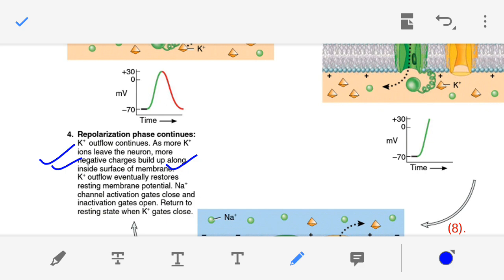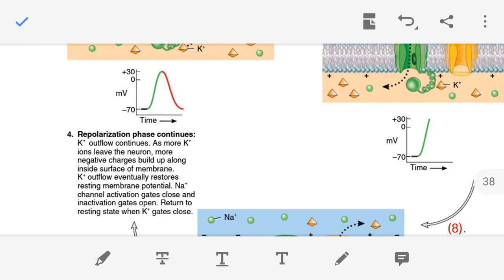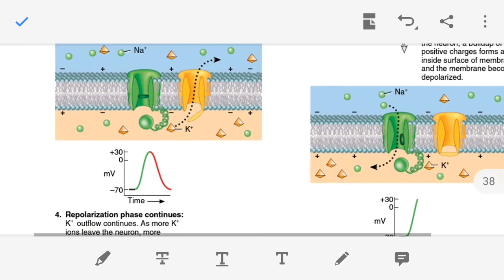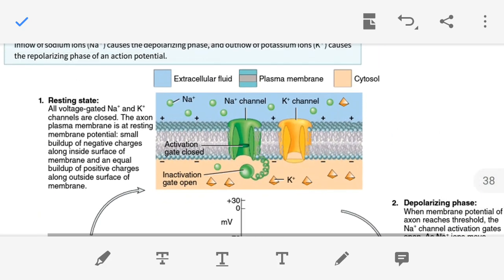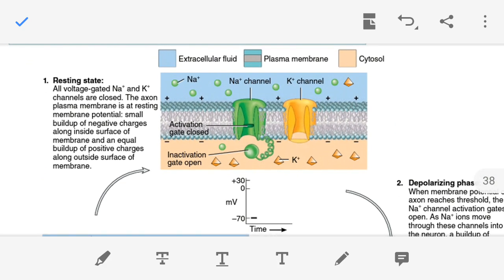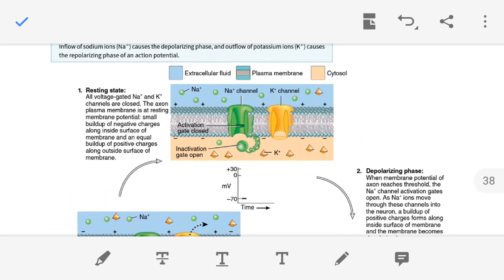K plus outflow eventually restores the resting membrane potential of minus 70 mV, and finally the neuron attains the resting state.